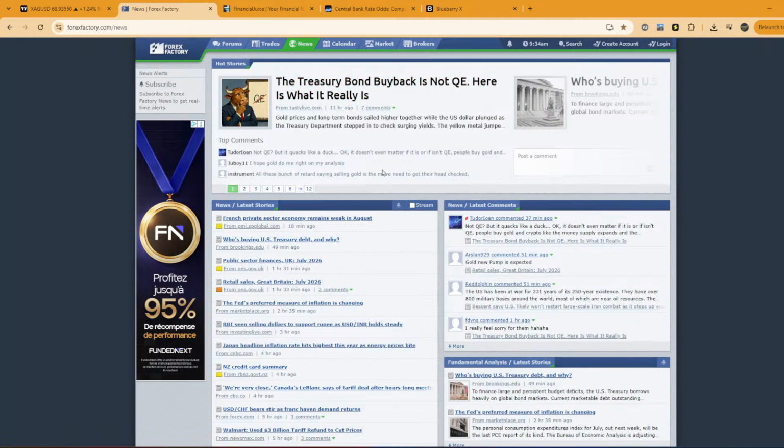There is a term that they talk about, quantity easing. Is it quantity? Let me see the term. Let me check on ChatGPT. What is quantity?